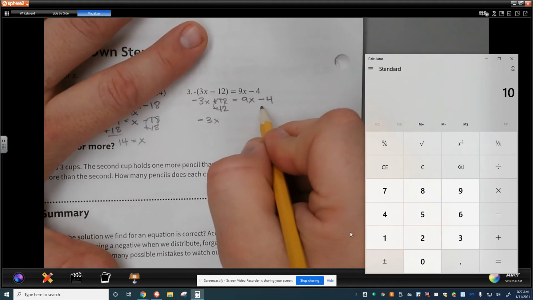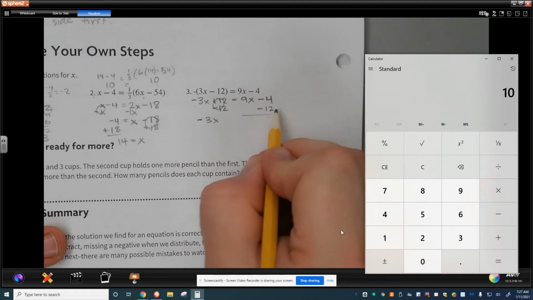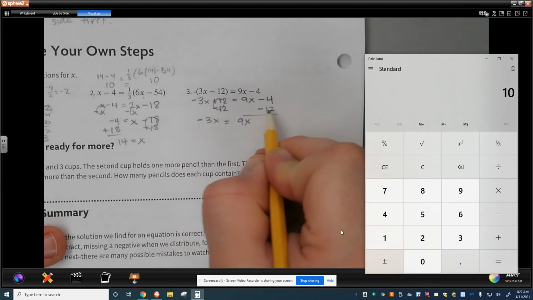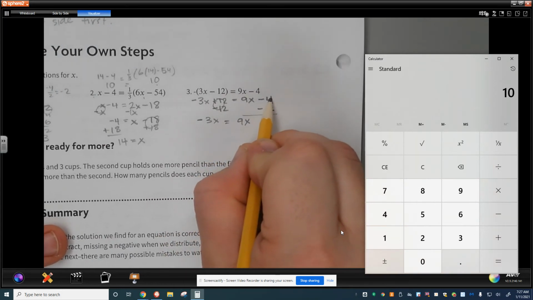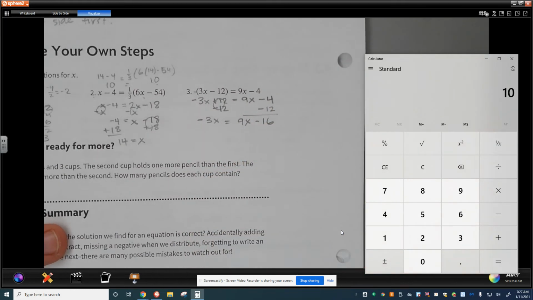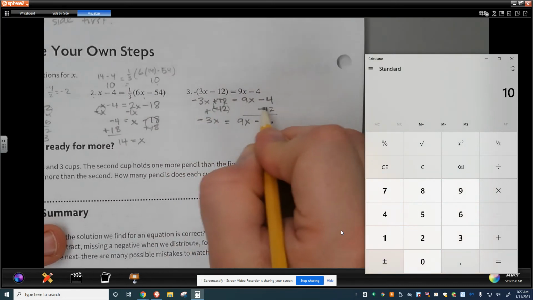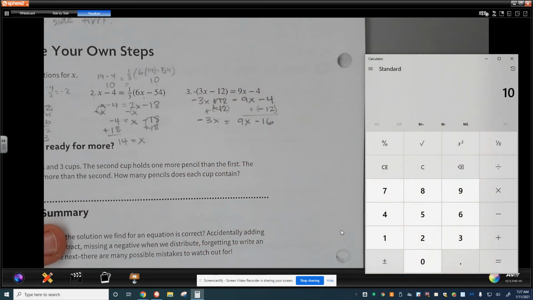And then that means that I need to subtract 12 from the constant on the right, which leaves us with 9 times x. Pay attention to this. A minus 4 minus 12 more is minus 16. It's the same thing as adding negative 12 and adding negative 12.